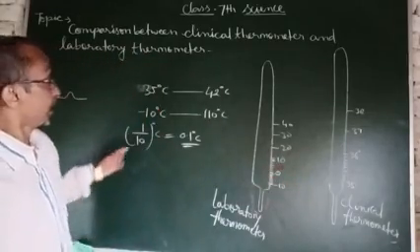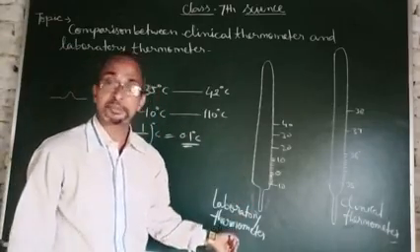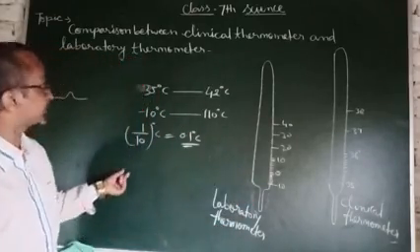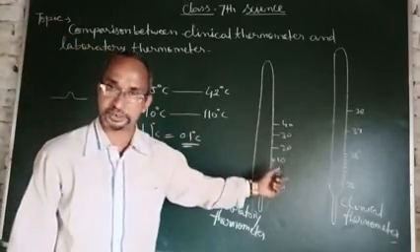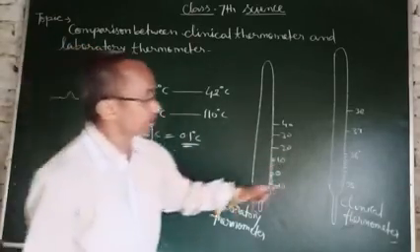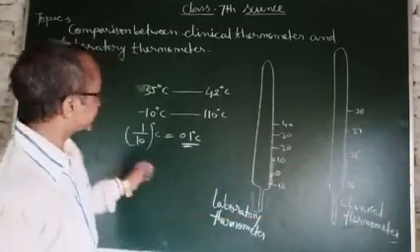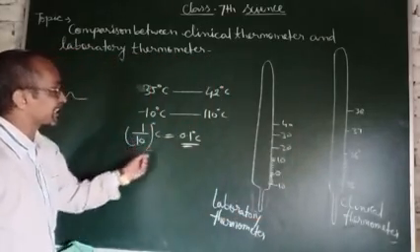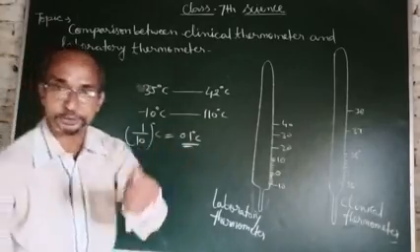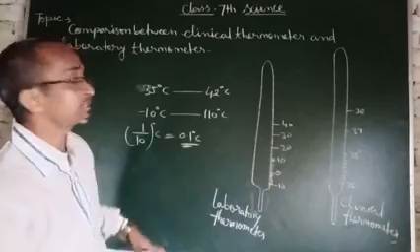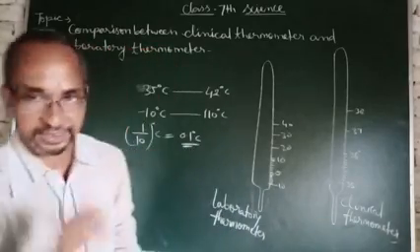Third one, by the laboratory thermometer we can measure accurately 1 degree Celsius, but by the clinical thermometer we can measure exactly 0.1 degree Celsius. These are the differences between the clinical thermometer and laboratory thermometer.